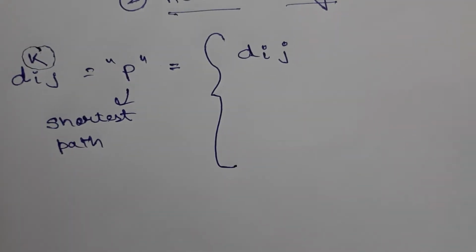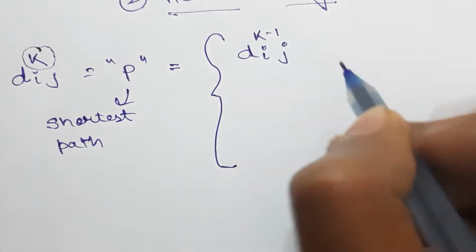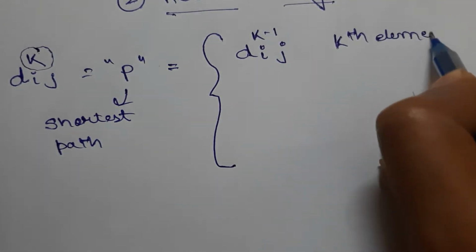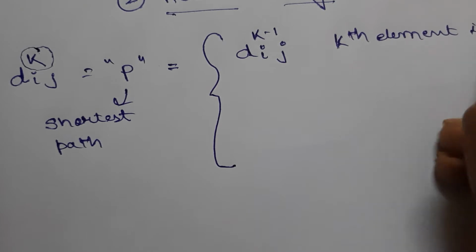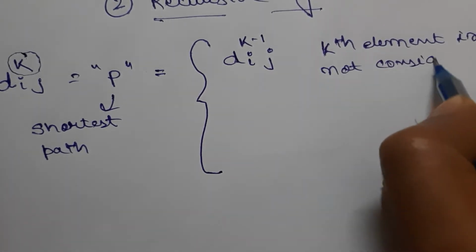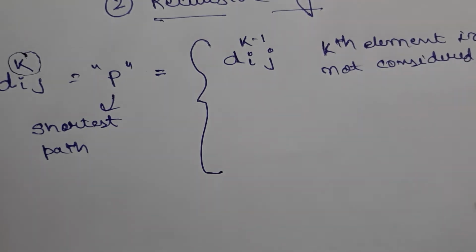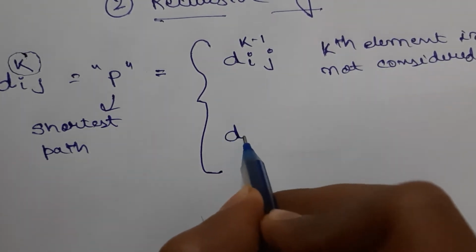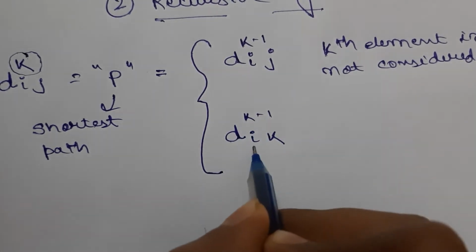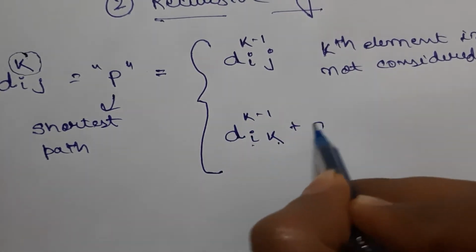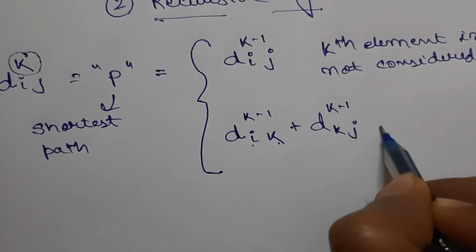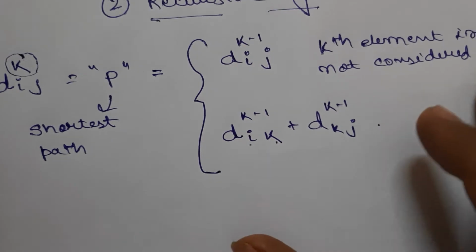First, the kth element is not considered. Another one is if the kth element is considered, meaning I to k and k to j, here it is considered.